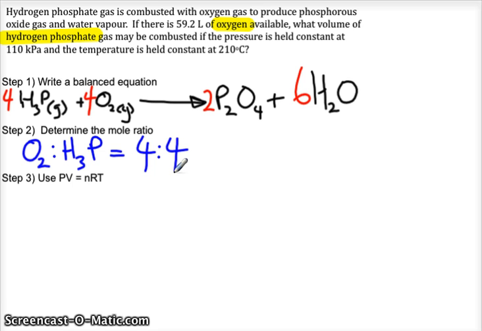Now our next step is to calculate the moles of oxygen using PV equals nRT. So I'm just going to step away to write that now.